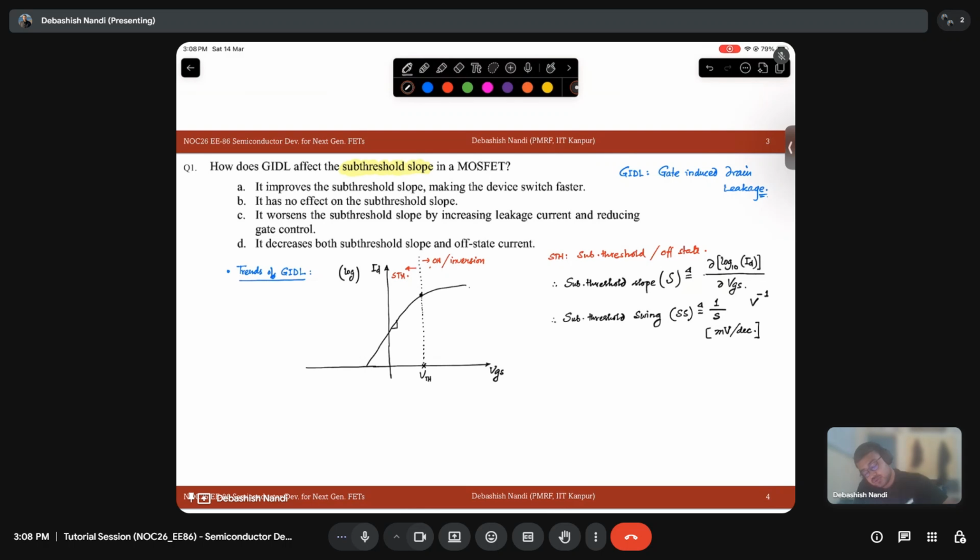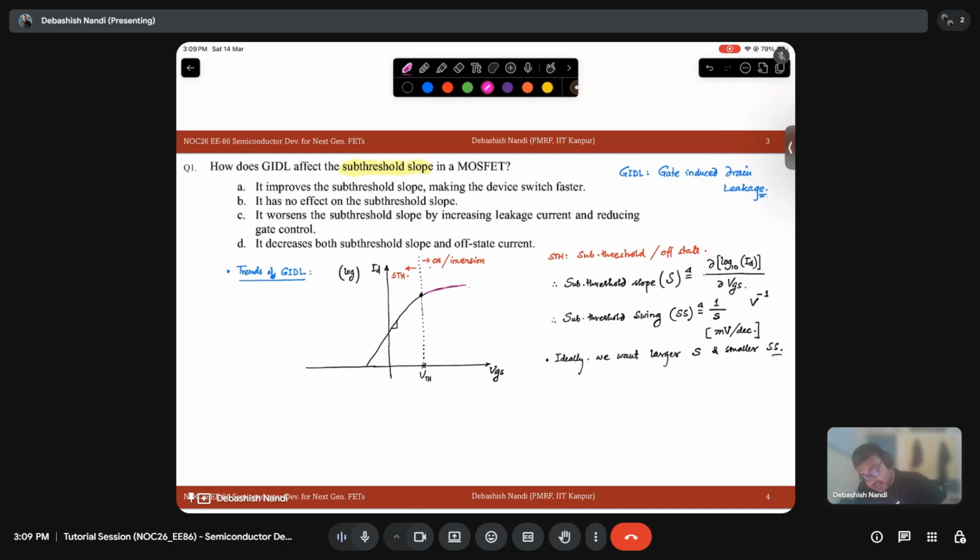Ideally, we want larger S and smaller SS. Of course, because if my S or the subthreshold slope is larger, that means, let me take a scenario.